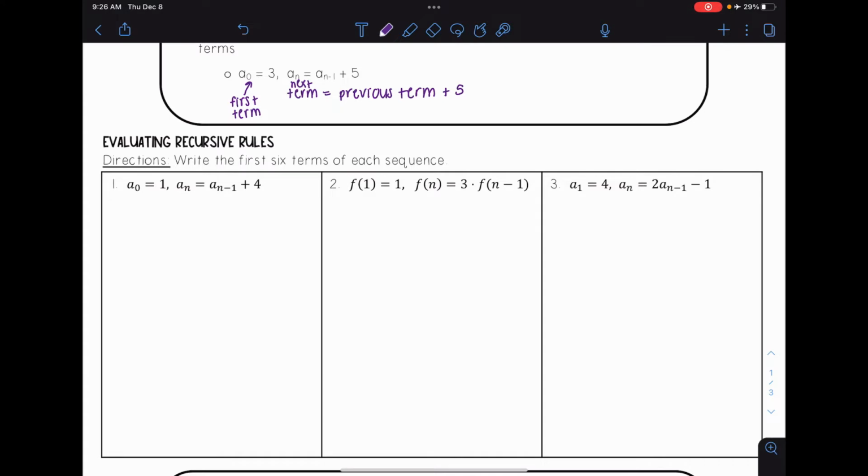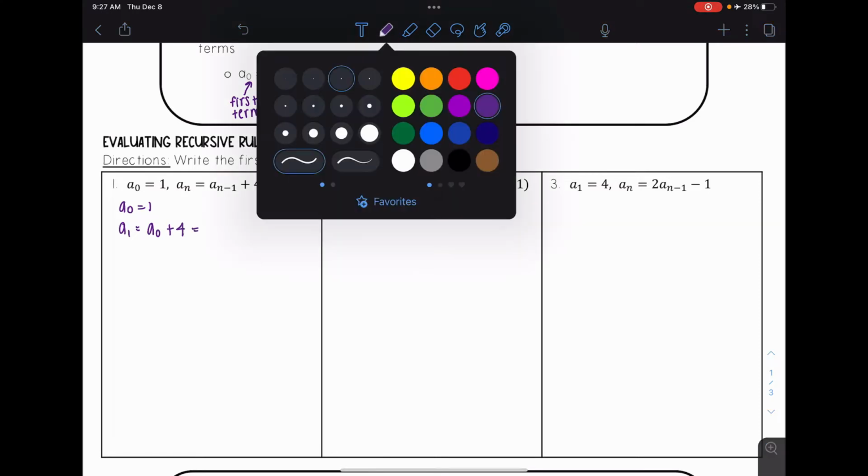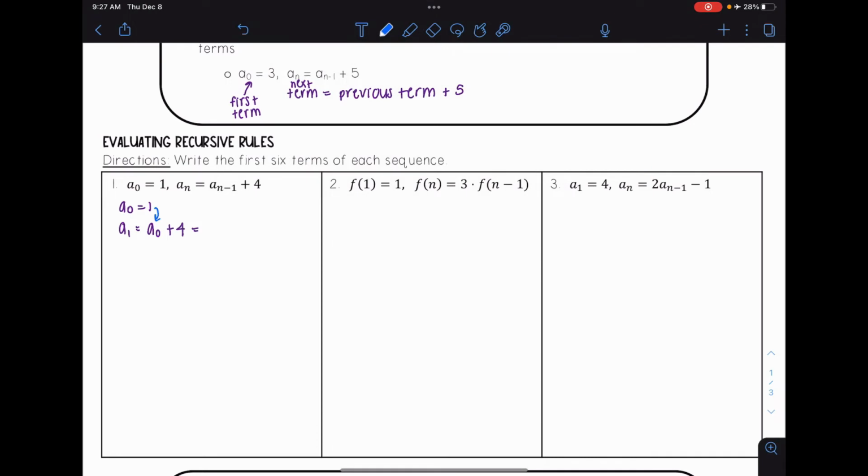So the first term is just a_0 is equal to 1. a_1 is going to equal a_(1-1), so a_0, plus 4. Well, a_0 we found to be 1. So I'm going to substitute 1 in for a_0, and I get 1 plus 4, which is equal to 5.